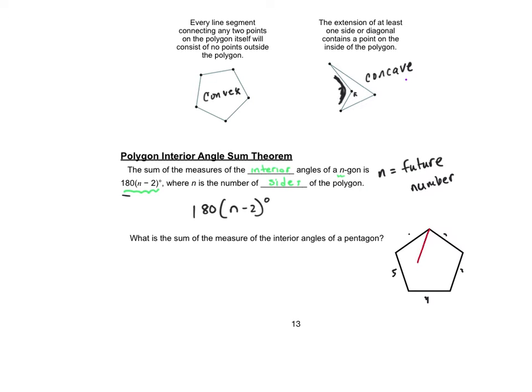If I draw some triangles on the inside of it, that's 180 degrees because we know a triangle is 180 degrees. That's 180 degrees, and that's 180 degrees. If I add that together, 180 times 3 gives me 540 degrees.